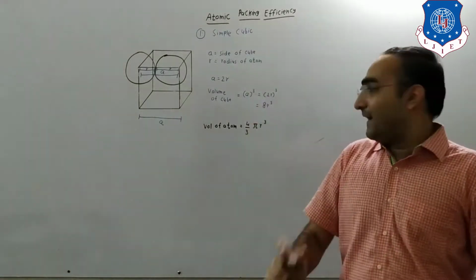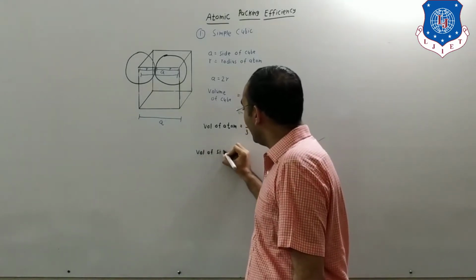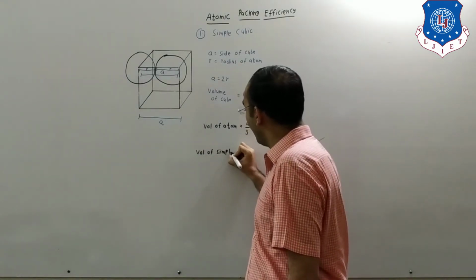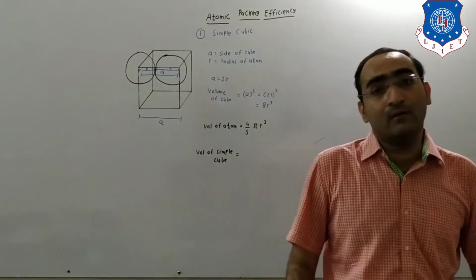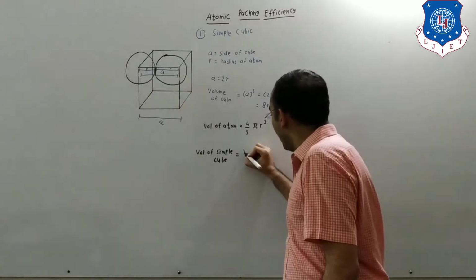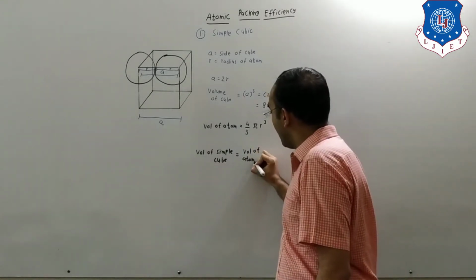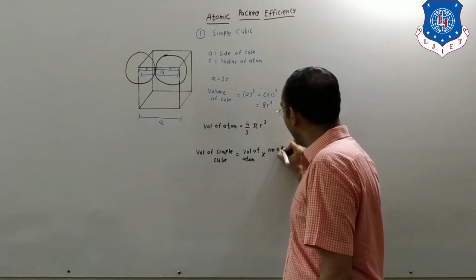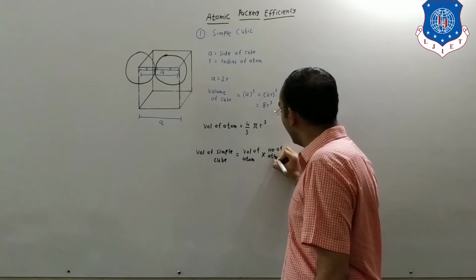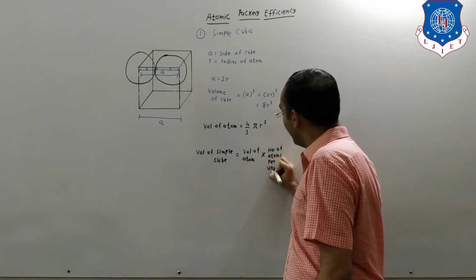Now we will find out the volume of the simple cubic structure. The volume of simple cubic is equal to the volume of an atom multiplied by the number of atoms per unit cell.